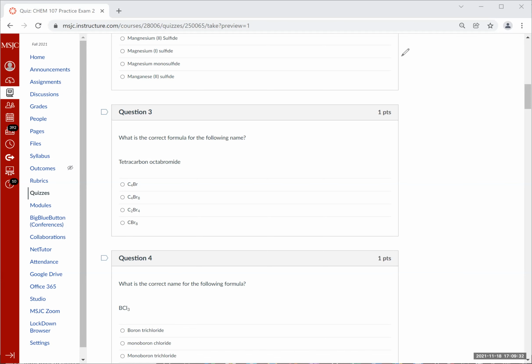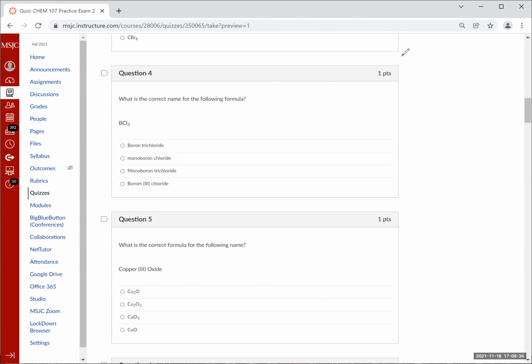So let's keep going then. We're dealing with more nomenclature. We're asked what is the correct name for the following formula. This is a covalent compound. So remember, for covalent compounds, you only use the mono prefix if you have a single atom of that element in the second element in the formula.